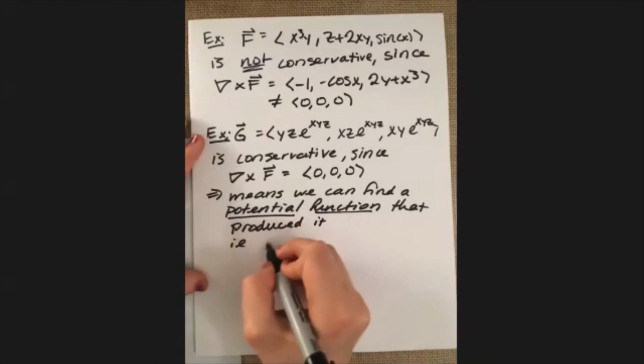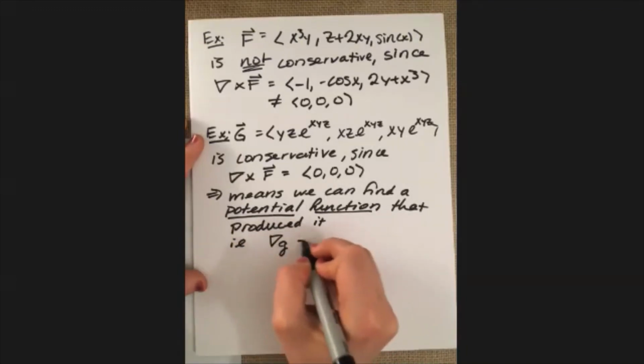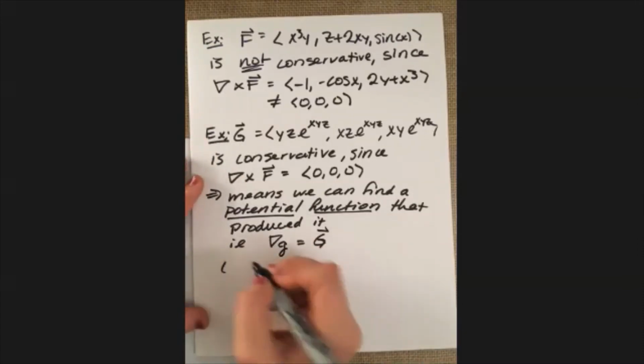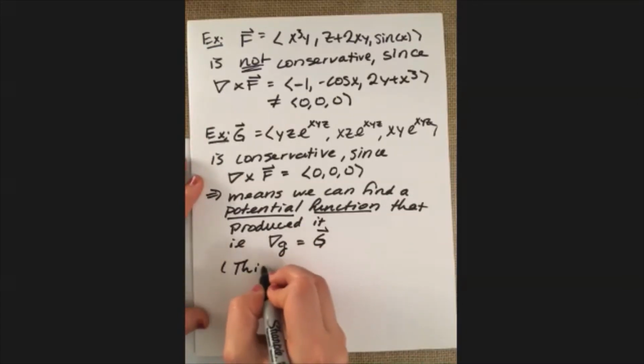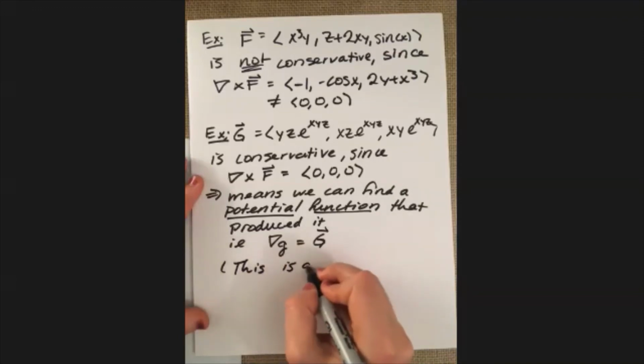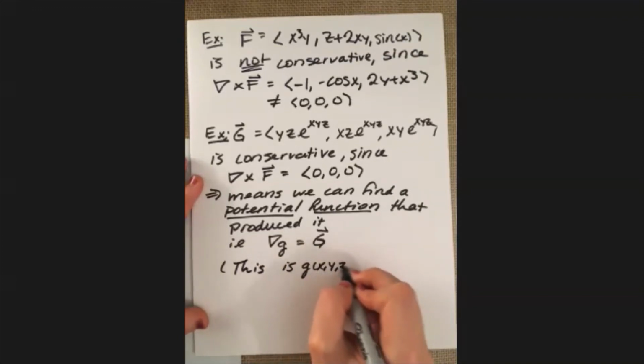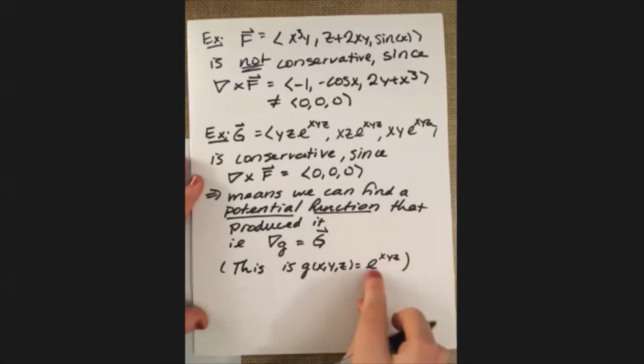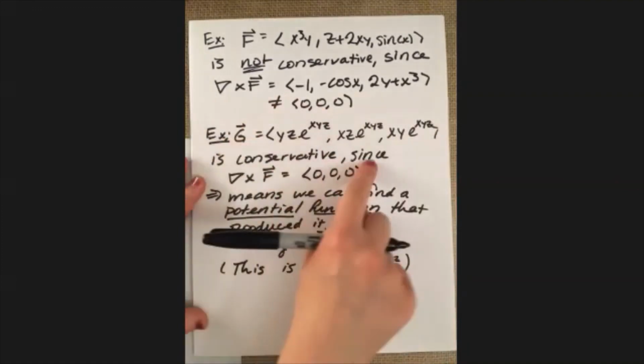In particular, we can find a little g such that when we take its gradient, it gives us our vector field. And in case you're curious, this is g of x, y, z equal to e to the xyz. You can check that. If you take the gradient of this, you're going to wind up with this guy right here.